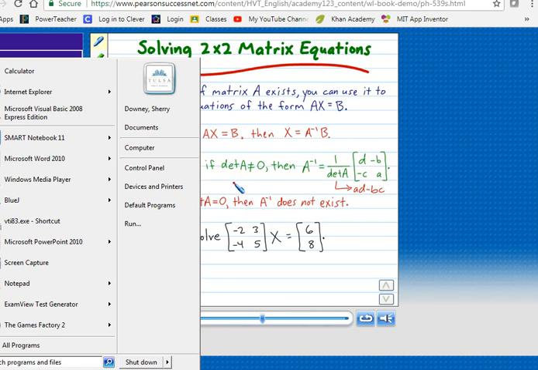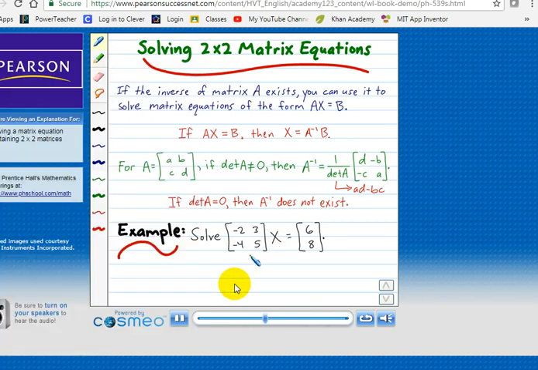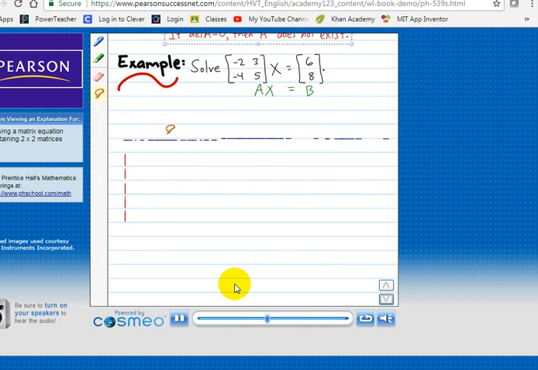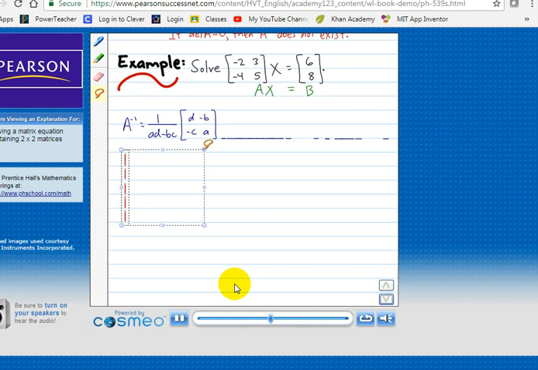Now let's use these two concepts to work through an example problem together. We want to solve this 2x2 matrix equation that's in the form A times X equals B. So our first step is to find the inverse of matrix A. Recall that this is the formula you can use, and we need to find the value of the determinant of A. So what do you think it is?